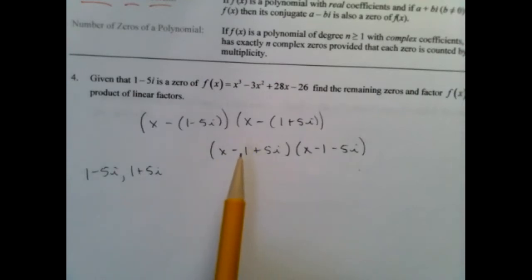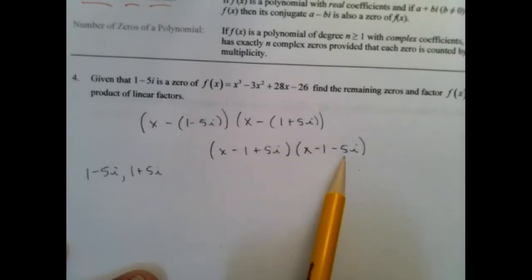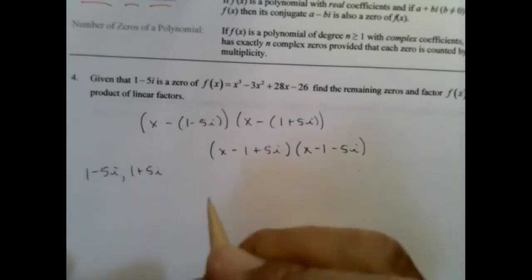Don't panic, because this should come out pretty. I am going to triple distribute. I'm going to take x times everything over there. I'm going to take negative 1 times everything over there. And I'm going to take 5i times everything over there.